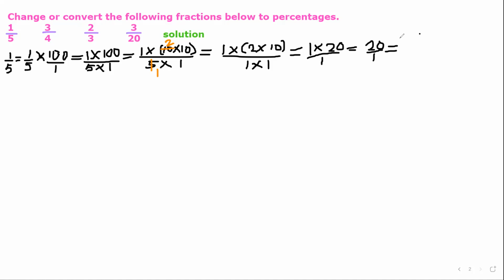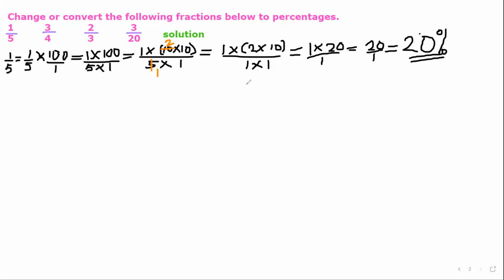Any number divided by 1, as I said, it's the same as that number. So here is 20%. Okay, good. So 1/5 is the same as 20%.